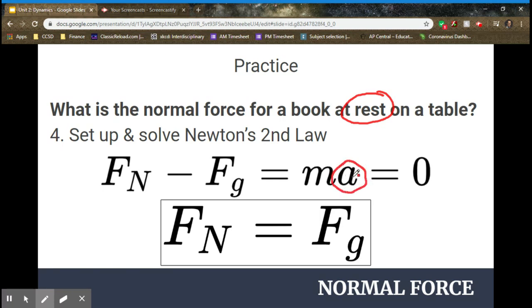Mass times 0 is 0. So we have our normal force minus the force of gravity equals 0. Well, in this case, solving for the normal force is very easy. I just add the force of gravity to this side, add the force of gravity to this side, and you get this as your final answer. So this is the easy thing. If you're looking at a flat horizontal surface, the normal force will equal the force of gravity.